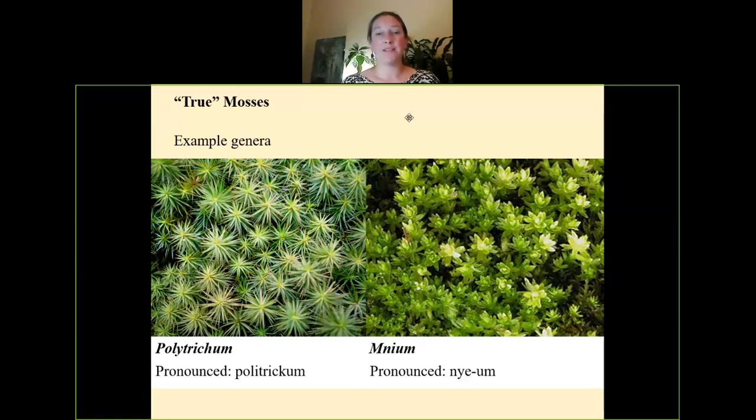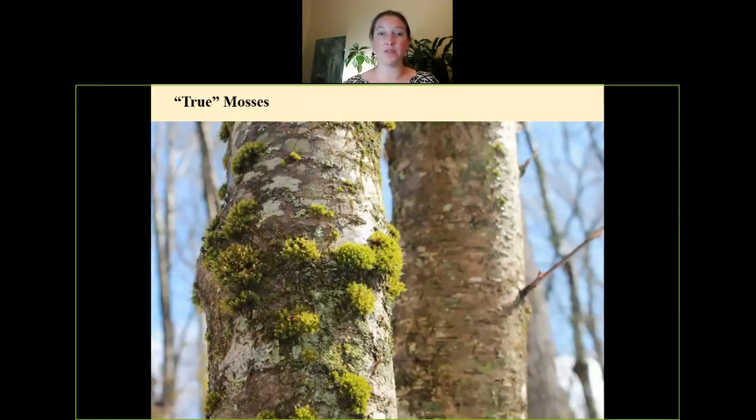The M is silent, so it sounds like Nye, like Bill Nye. So these are true mosses. When you've seen a moss, it's probably been a true moss. You see them growing all over the place, maybe on the sides of trees, or, as I said before, on rocks and things like that.